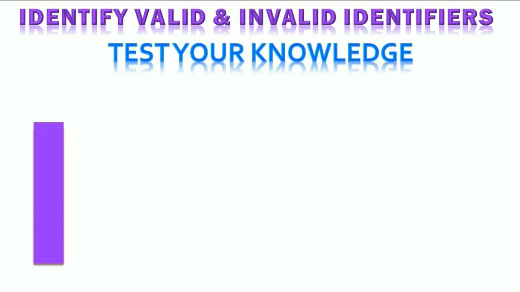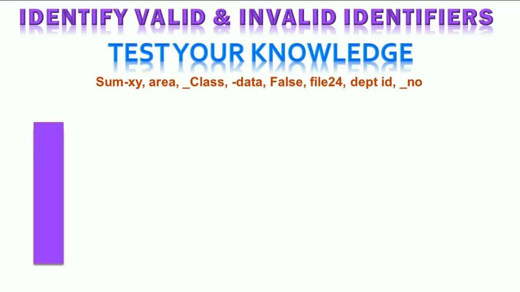Once I display the list of identifiers, your timer will start and you'll have to write the answer in 30 seconds. So best of luck. These are the identifiers given to you. So your time starts now.